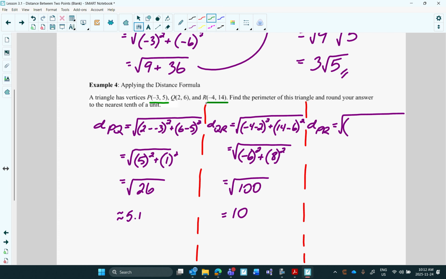What's the second x? -4 subtract -3, which is actually going to change to a plus. Plus 14 minus, good, squared.